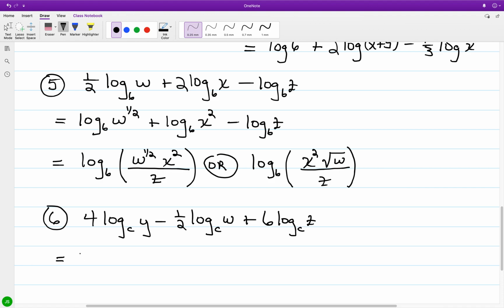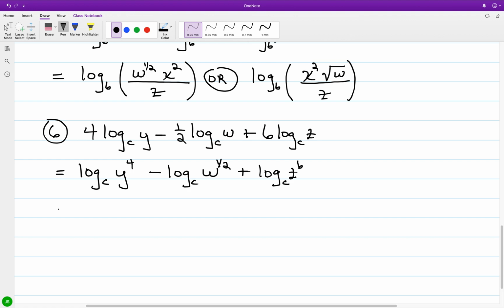And adjusting the leading coefficients, changing them over to exponents, you have the base c logarithm of y to the 4th minus the base c logarithm of w to the 1/2. And we have plus the base c logarithm of z to the 6th.